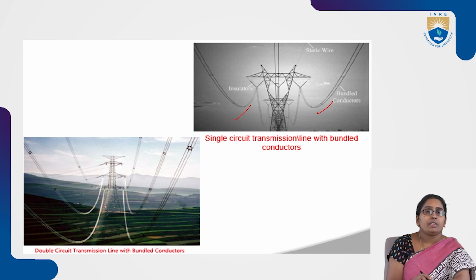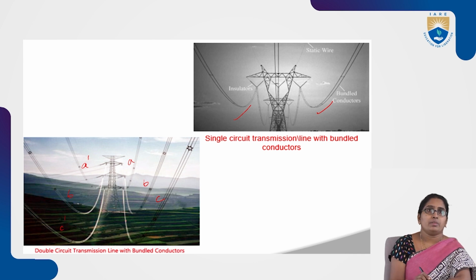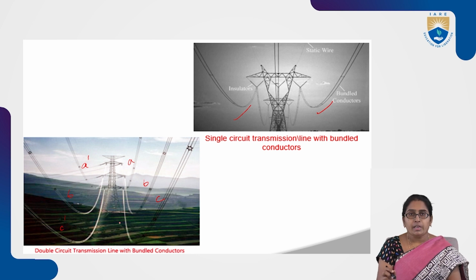That means for each phase there are two conductors. If we say this is A phase, B phase, C phase, then A has one more conductor, let us say A dash, B has B dash, C has C dash. That is how a double circuit three-phase transmission line looks. So this is just for an idea.